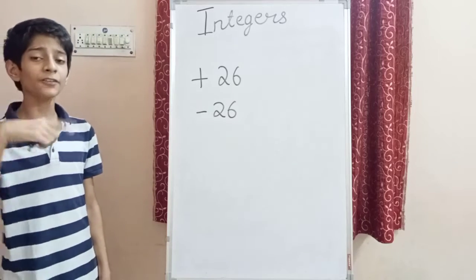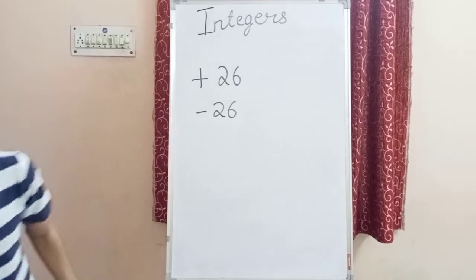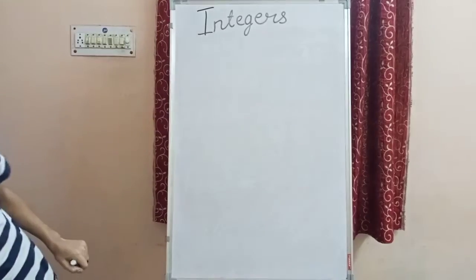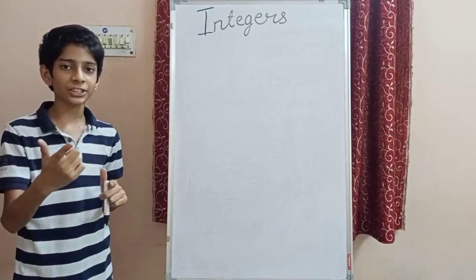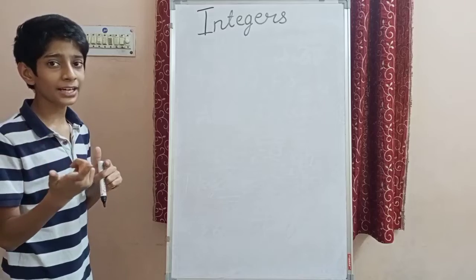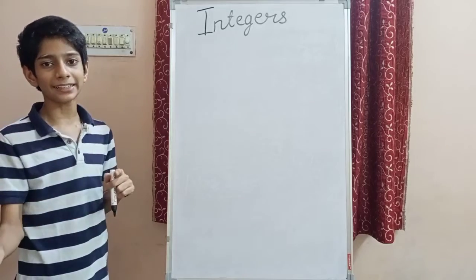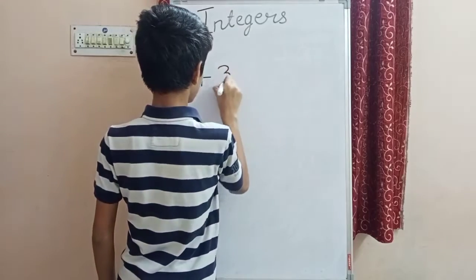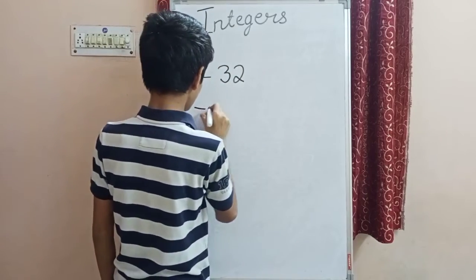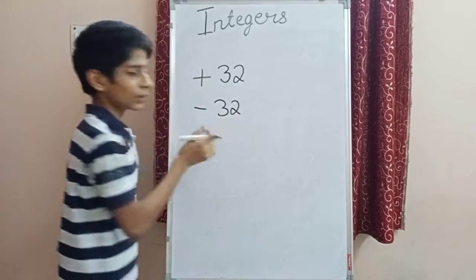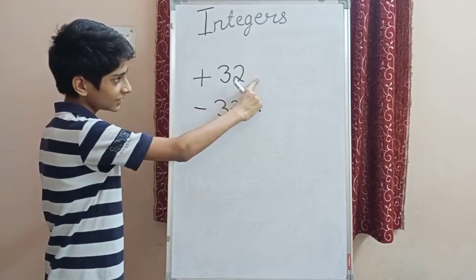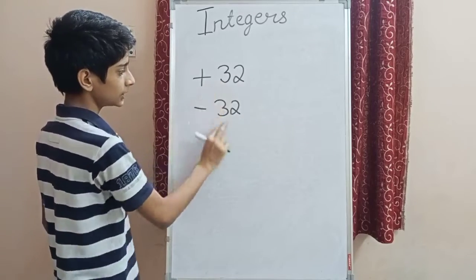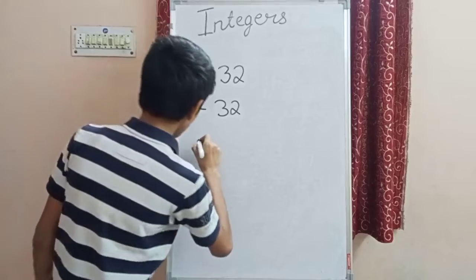Now I will tell you the second rule. The second rule is that when we are subtracting a positive integer minus the negative integer of that same number, for example plus 32 and minus 32, the two numbers are the same.